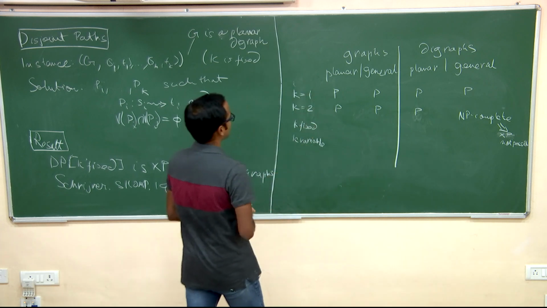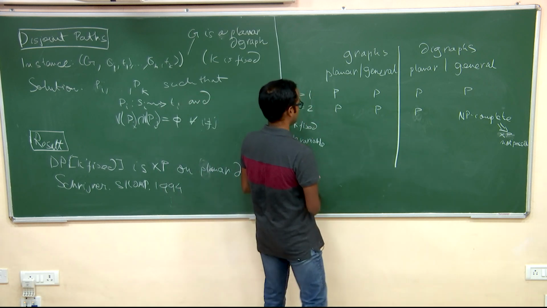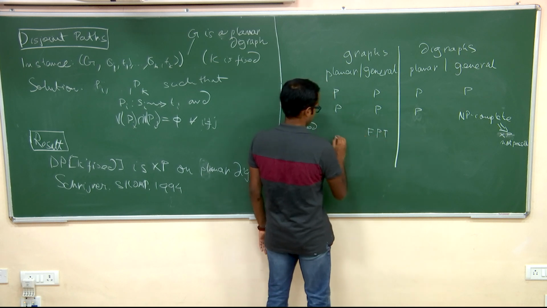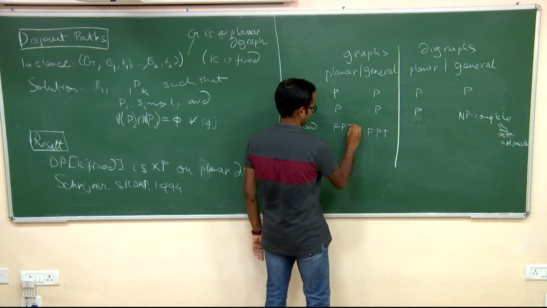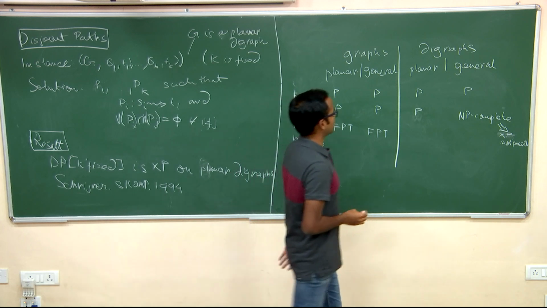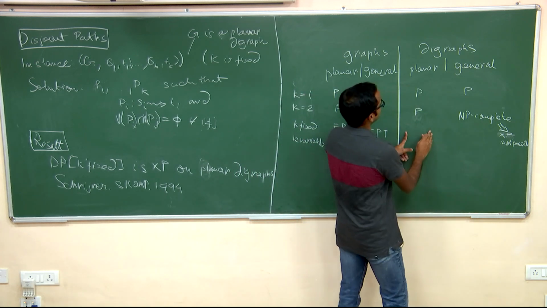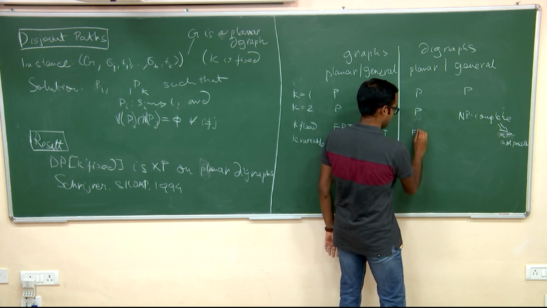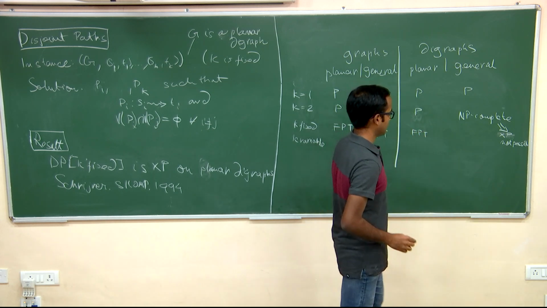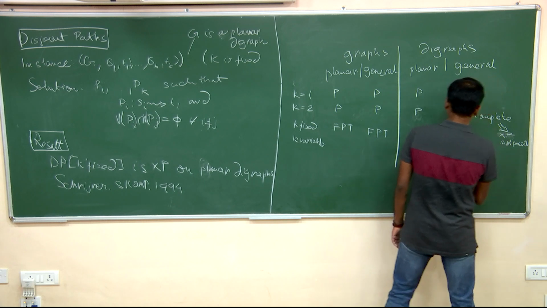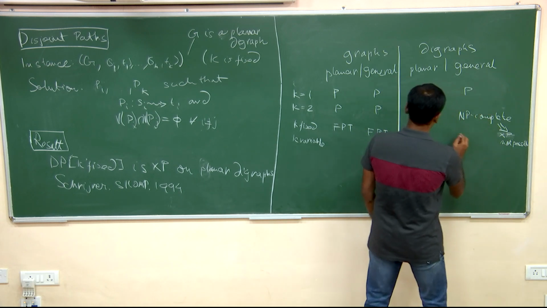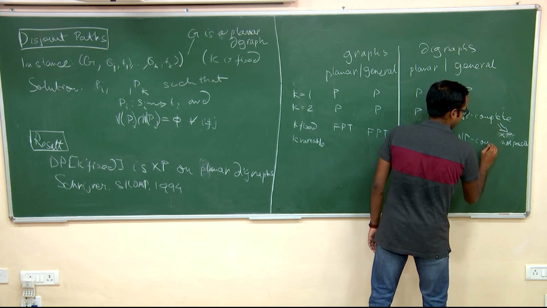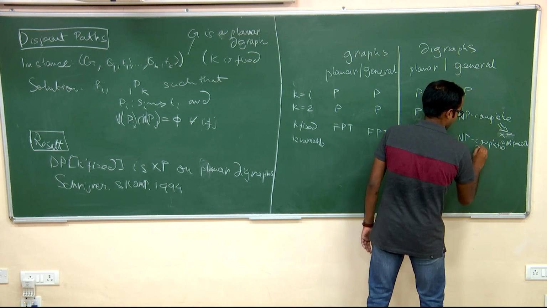For general graphs it is FPT, so obviously for planar graphs also it will be FPT, parameterized by k. Planar digraphs, this is FPT, in the number of pairs. And in general digraphs, this is NP complete.